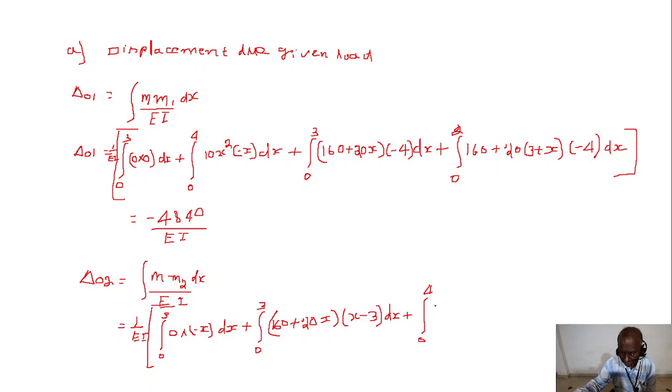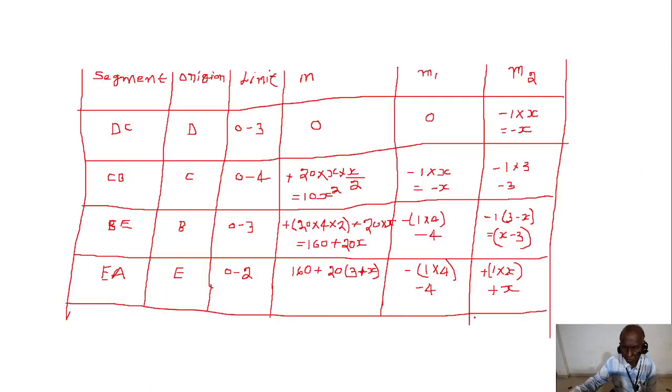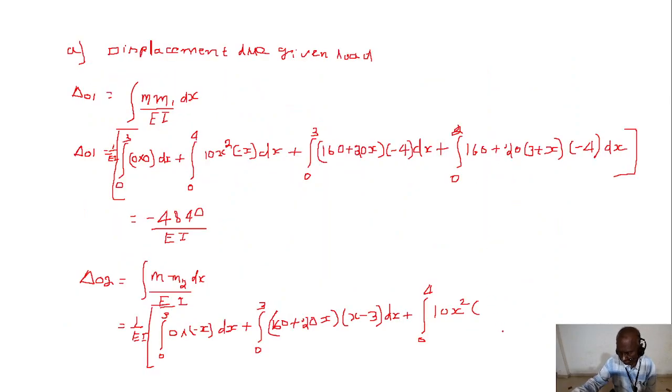So m1 is x square into m2. What is the m2? Minus 3, minus 3 dx.